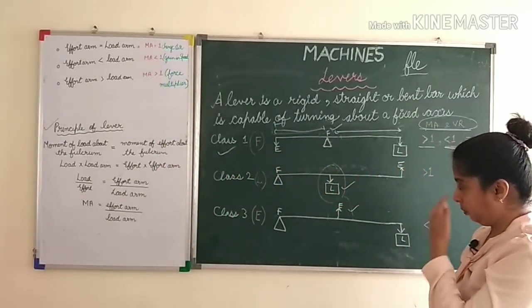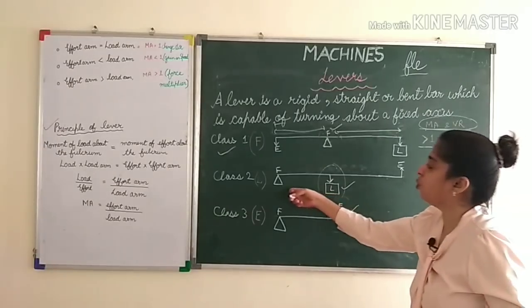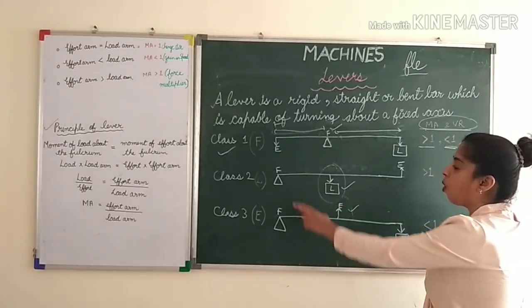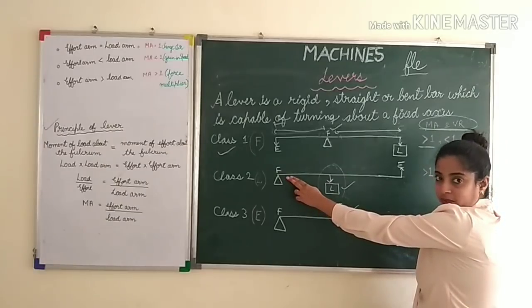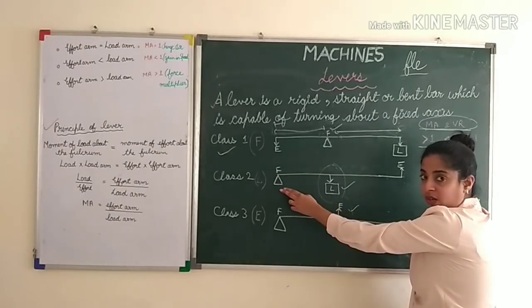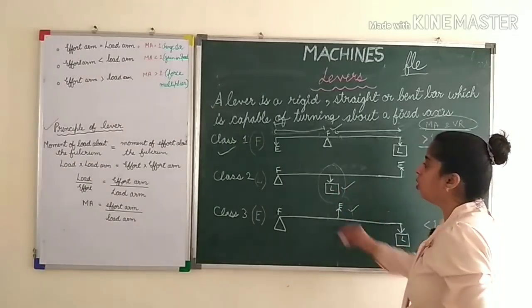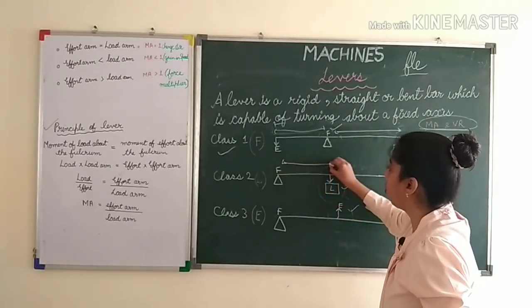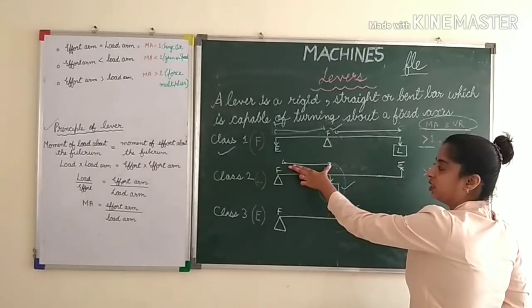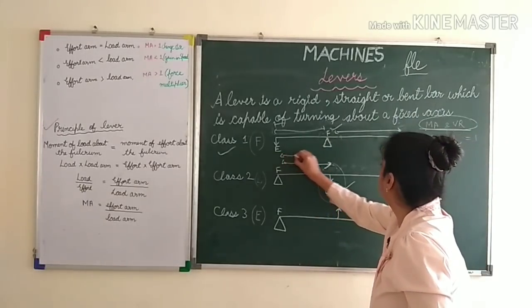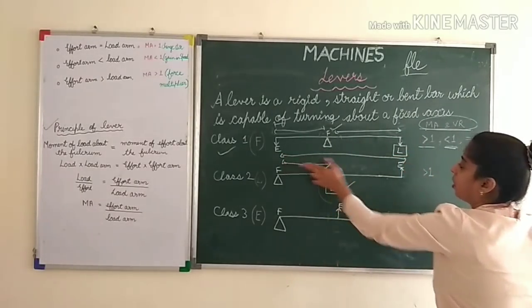Okay. Now, in a class 2 type of lever, the fulcrum is always at one corner, either here or here, and the load is in between. So this is the distance of the load arm, and this is the distance of the effort arm.